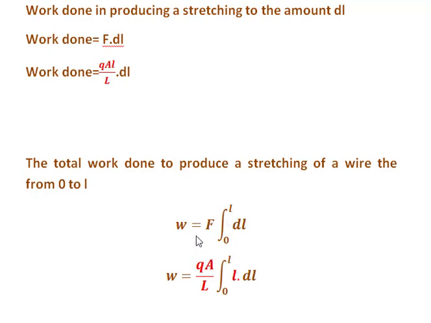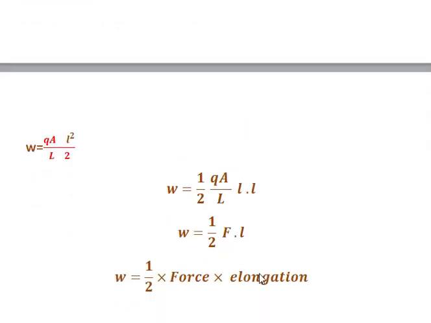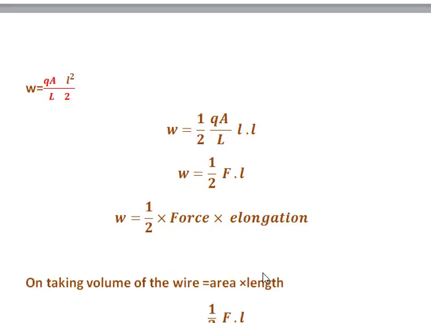We know the expression for F, substitute the value of F here. W is equal to Y A over L, integral 0 to l of l into dl. On simplifying, we have W is Y A over L, integral of l dl is l square by 2.